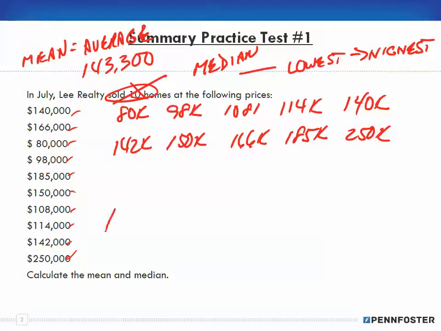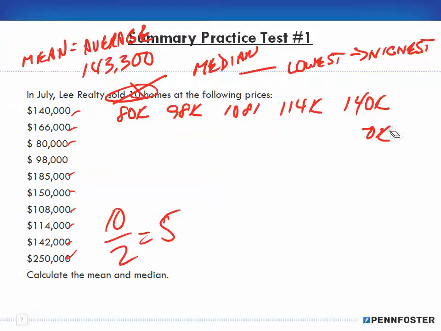So if I have 10 values, and I know I have to divide by 2, which gives me 5, I could start out by listing them. I would have listed the 80, the 98, the 108, 114, and I got to my fifth value of 140,000. So I know my fifth value is 140,000, and my next highest is 142.